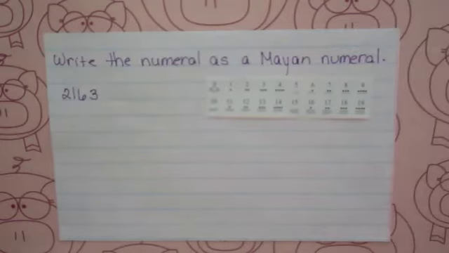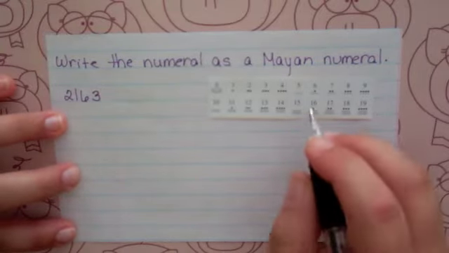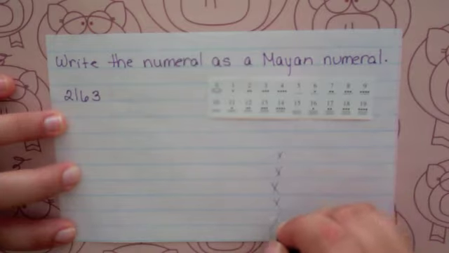Okay, so now we're going to go backwards. I want to write this Hindu-Arabic numeral 2163 as a Mayan numeral. As I discussed, with the Mayan numerals it's always a vertical system. We're going to have these numbers written vertically.